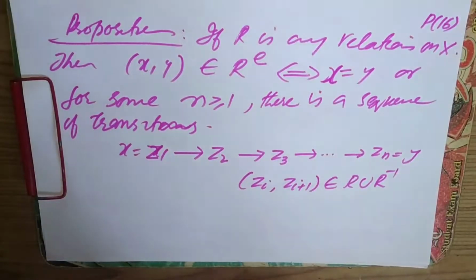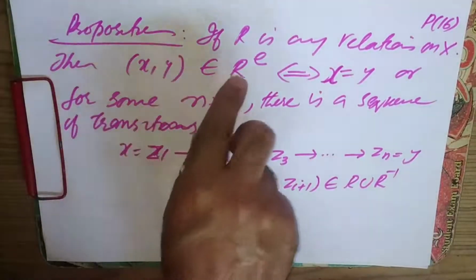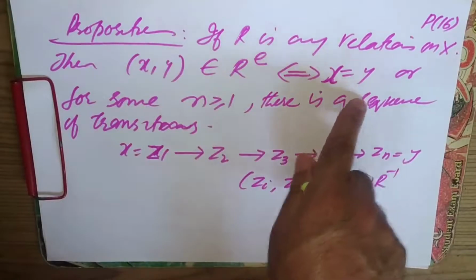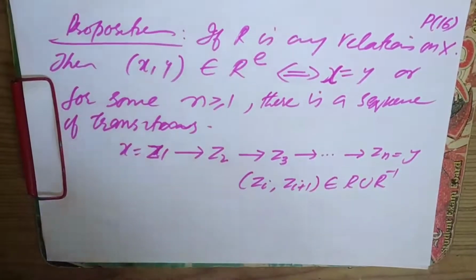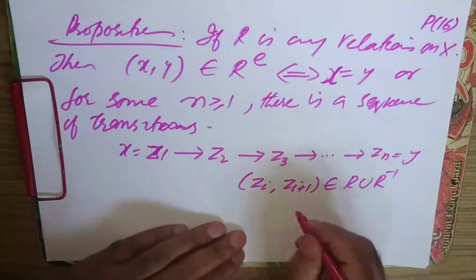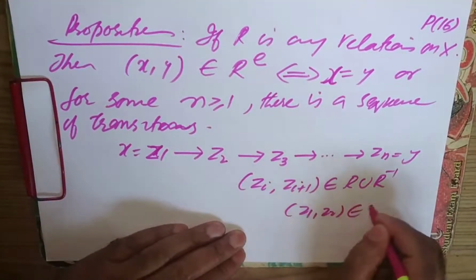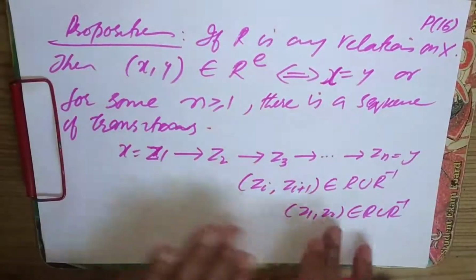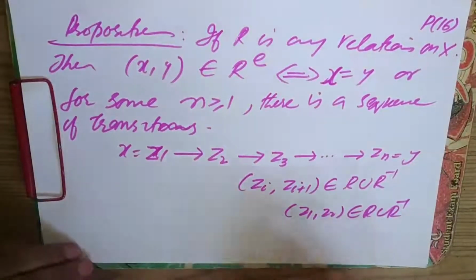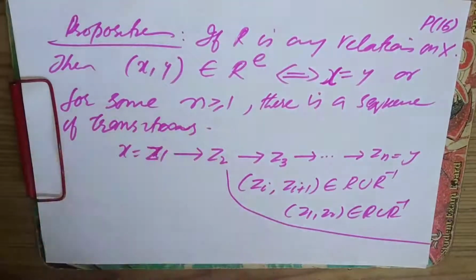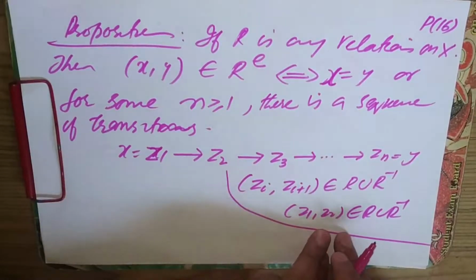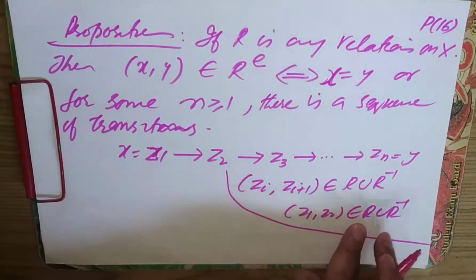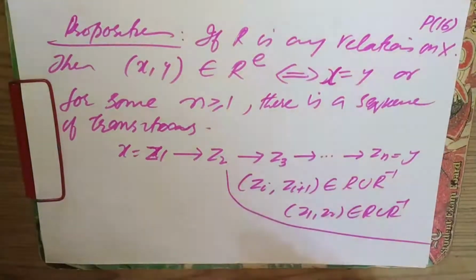So whenever (x, y) is in RE, then either x equals y, or x and y are connected by these transitions, where z1, z2 transition means that (z1, z2) belongs to R union R inverse. This is the meaning of transition.